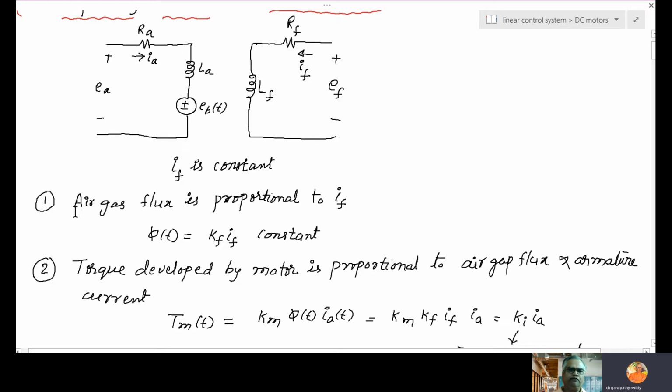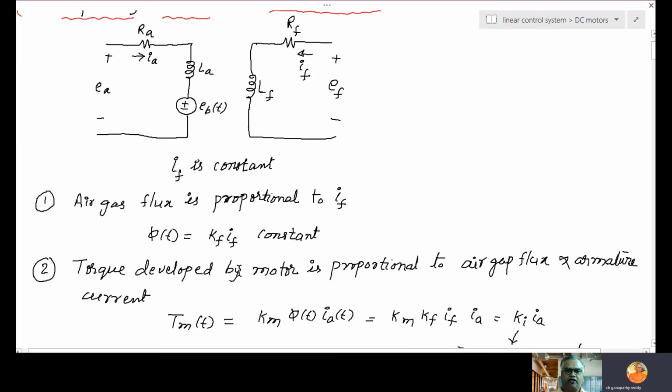I am just going through them. Between the rotor and armature, some air gap is there. In that air gap, flux is flowing, and that flux is proportional to field current. So phi of t is equal to Kf If. But in this particular case If is constant, so Kf If is also constant.